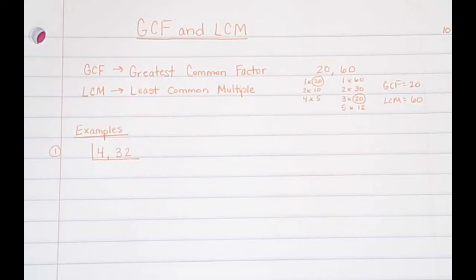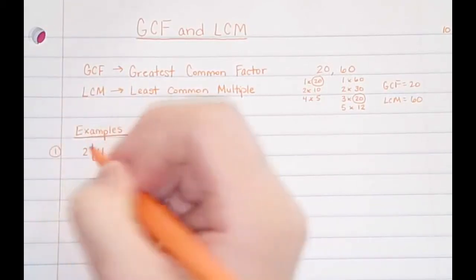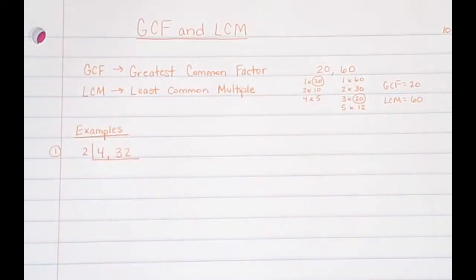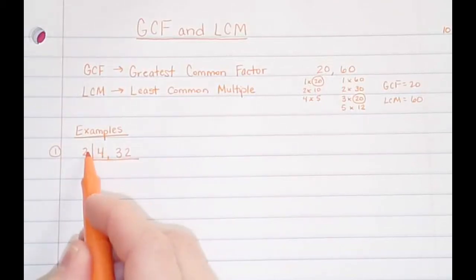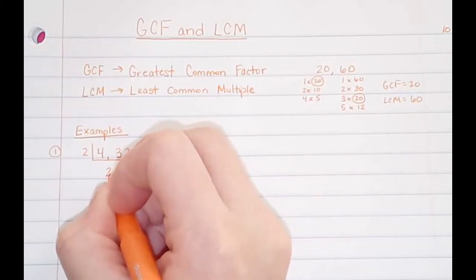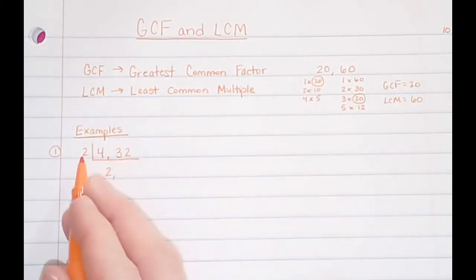A lot of people jump to 8, but 8 doesn't go into 4, so you can't do 8. The bigger the number you start with, the less work you have to do, but most people might start with 2. So 2 goes on the outside. What is 4 divided by 2? That's 2. What's 32 divided by 2? That's 16.